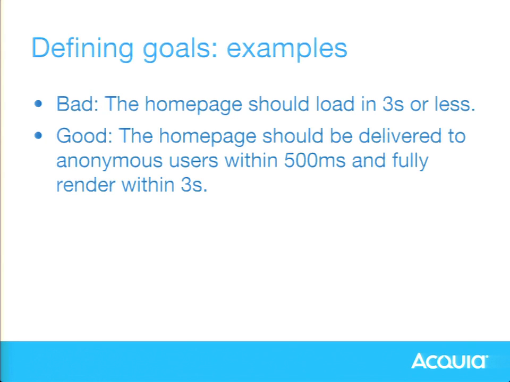So the homepage should be delivered to anonymous users within 500 milliseconds and fully render within 3 seconds is a much better goal because we can measure it, we can tie it to a role, like a user persona on the site. And we're also defining our expectations for data delivery versus page render time.